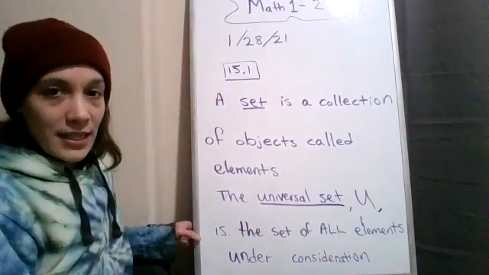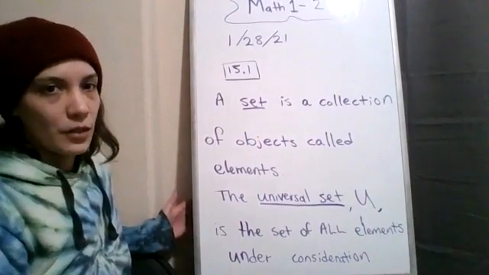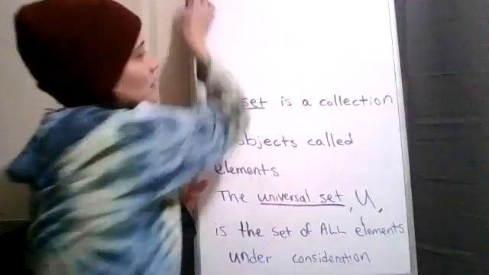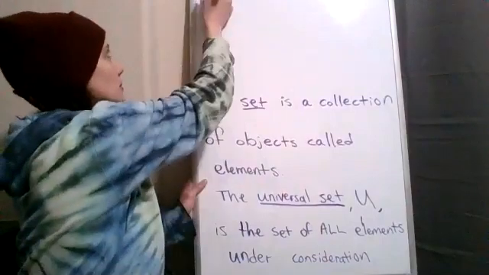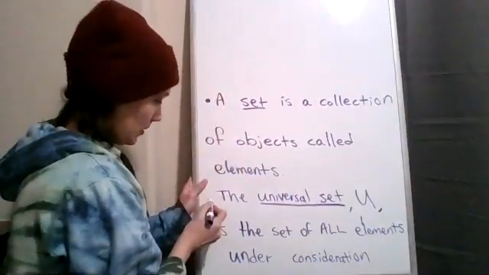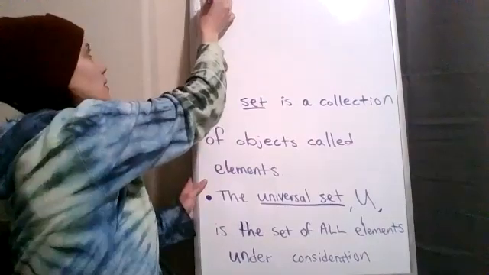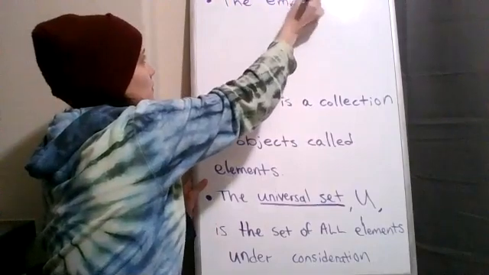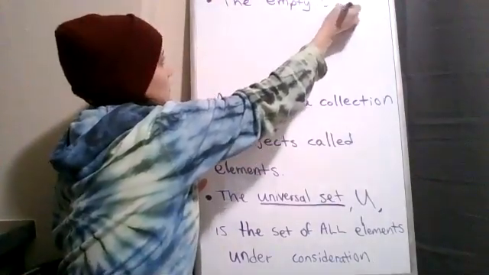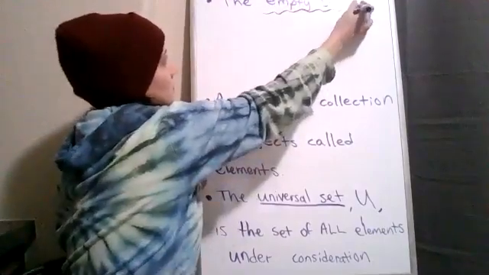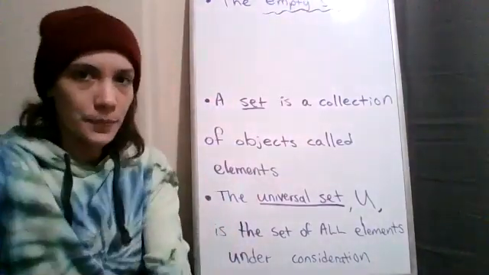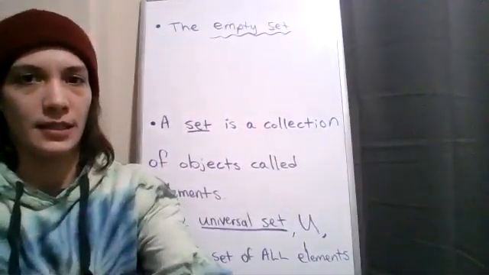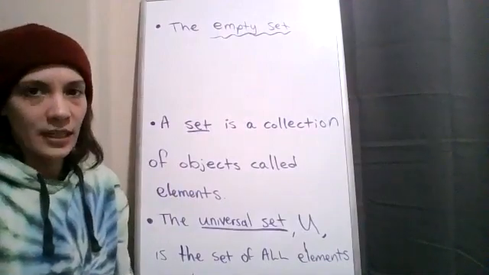Okay, then the empty set is the set that contains no elements. There's like a glare. Let's try this. Cool. Okay, the empty set contains no elements.